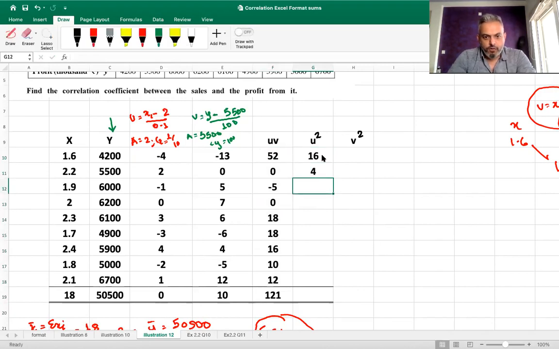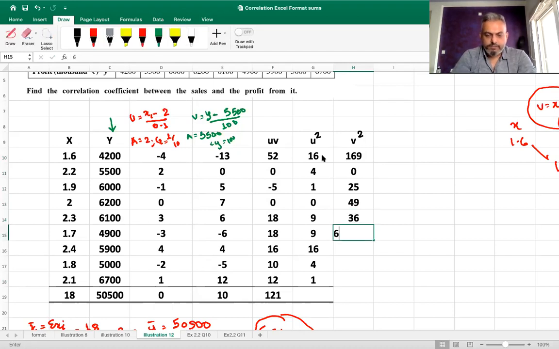16, 4, 1, 0, 9, 9, 16, 4, 1. And V square: 13, so 169, 0, 25, 49, 36, 36, 16, 25, 144.